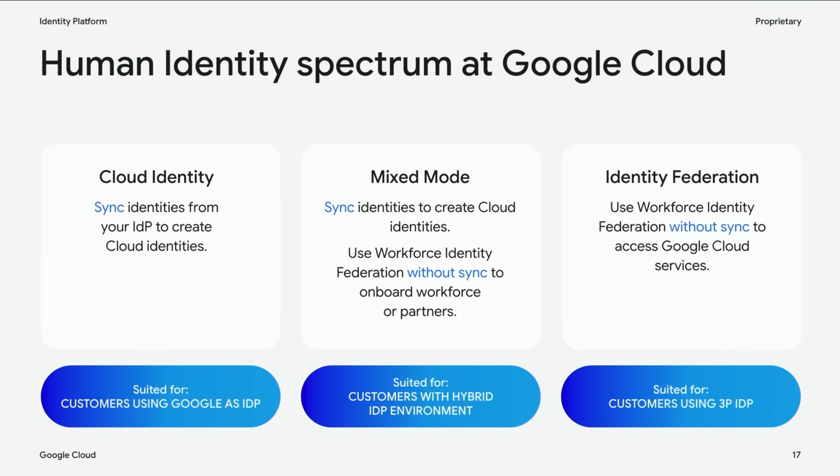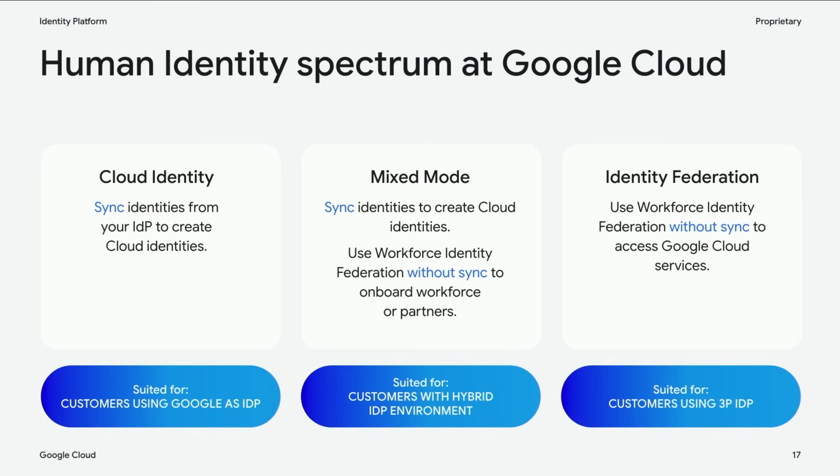Now, let's get one level deeper into the human identity capabilities. We provide you with a full spectrum of human identity capabilities for Google Cloud. On one end of the spectrum, you can sync your identities from your 3P IDP into Google Cloud and use that as what we call cloud identities. And on the other end of the spectrum, you can choose to not sync these identities and have a single sign-on from your 3P IDP into Google Cloud resources.